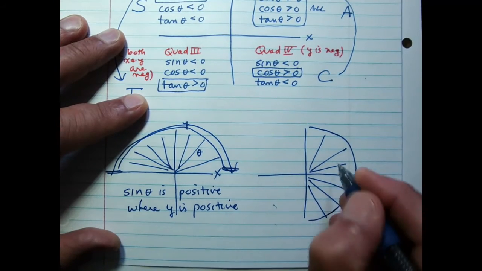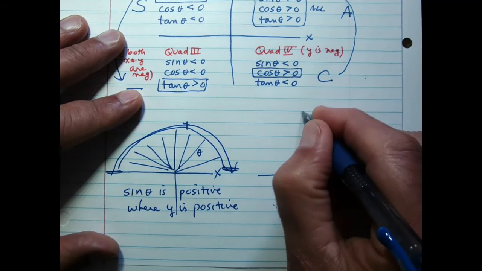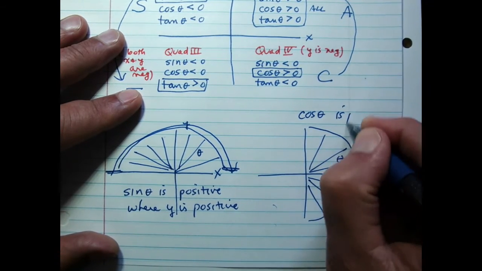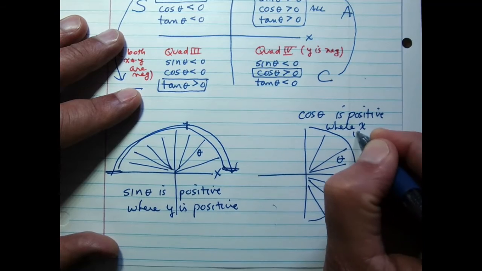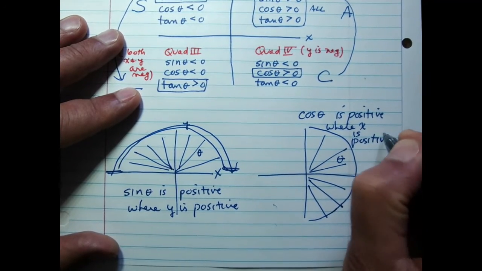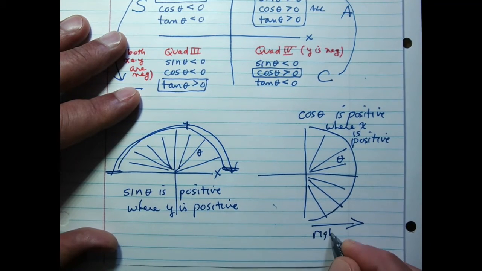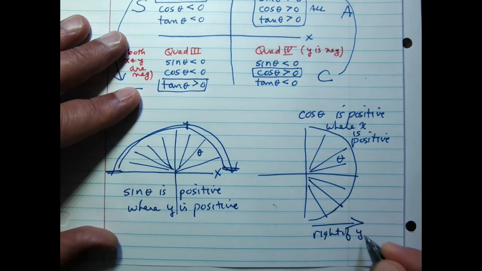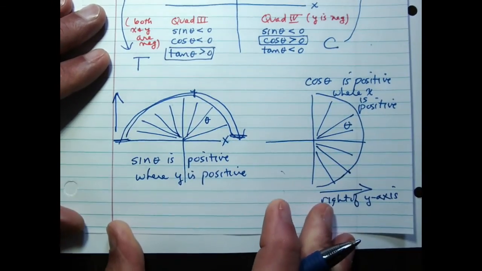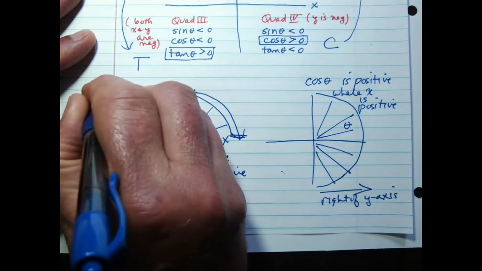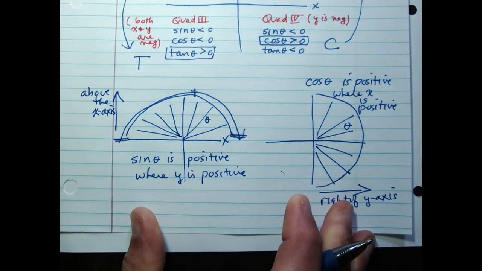So cosine theta is positive where x is positive, to the right of the y-axis, and sine is positive above the x-axis. I don't know, those pictures help me a little bit.